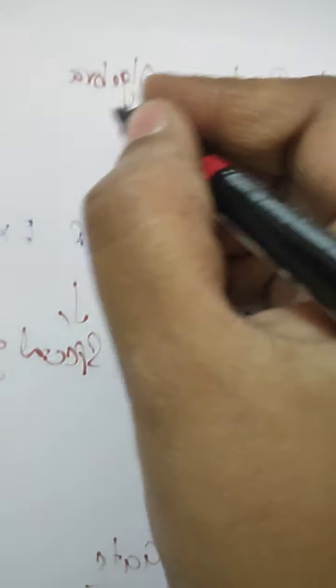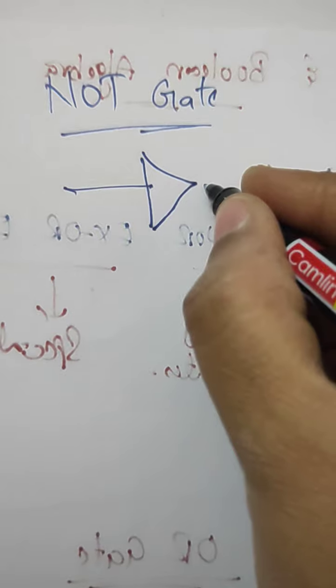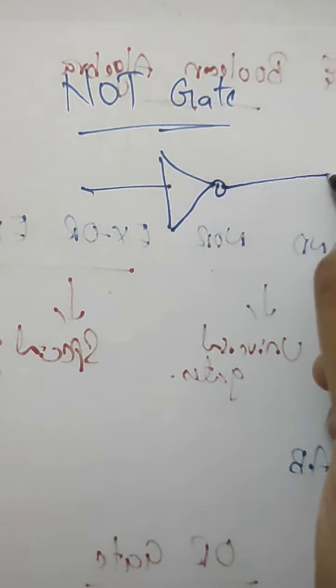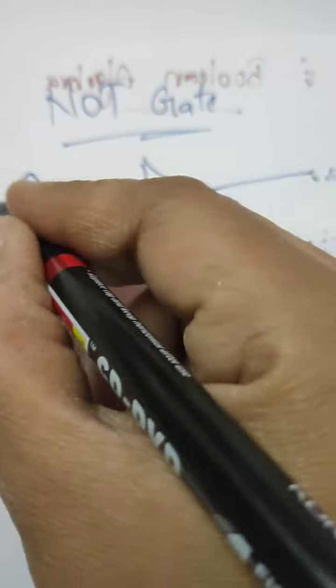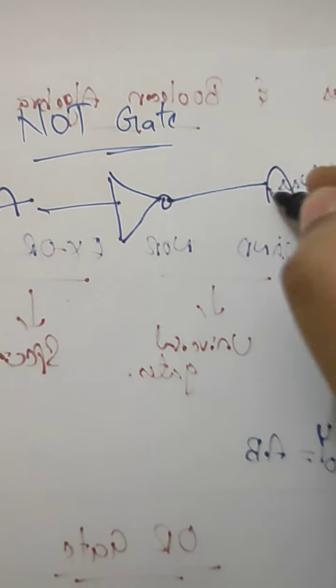Coming to the NOT gate, the NOT gate symbol is this one. If I give A, my output will be A bar.